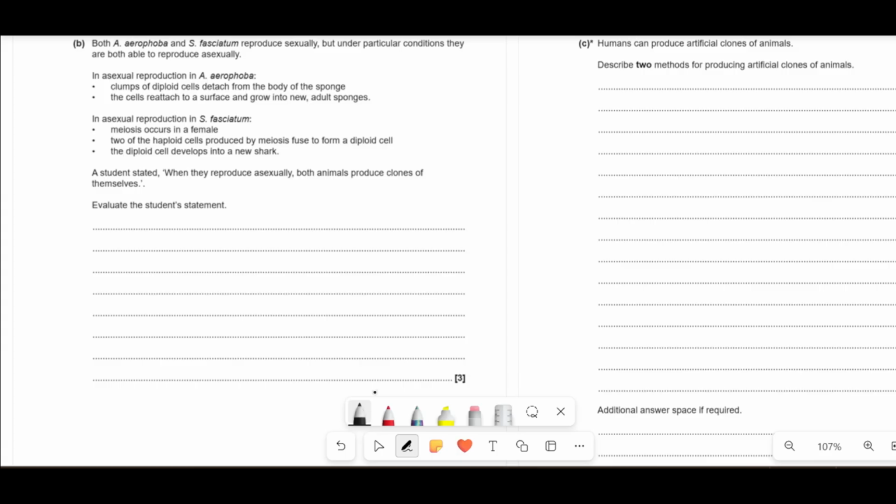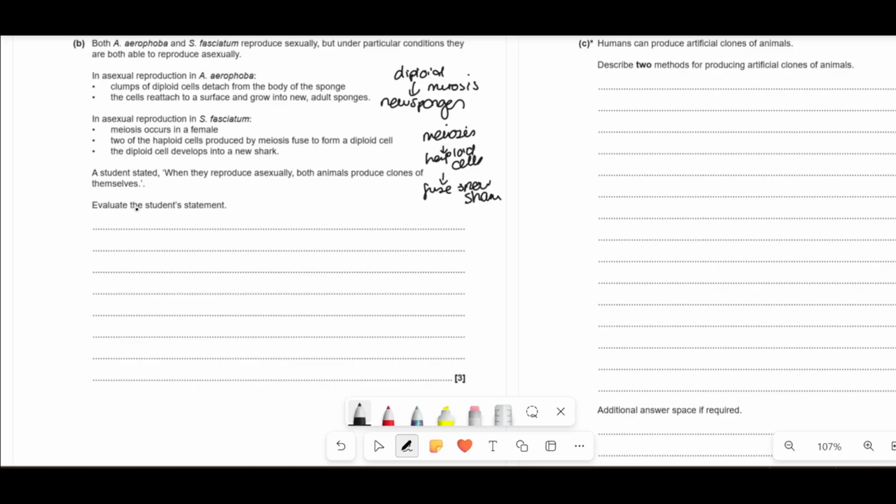Evaluate this statement. So if we look at what they both do, with the sponge, you've got diploid cells that detach and then become new sponges. So the way that they must be doing that is mitosis. Whereas here, we've got meiosis, which makes haploid cells, and then they fuse, and you get a new shark.